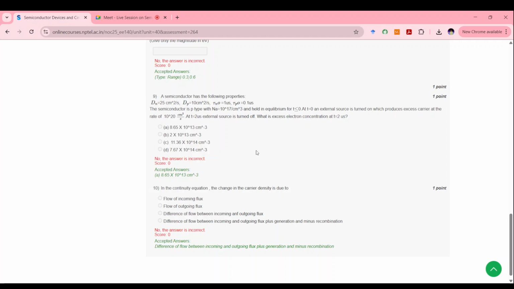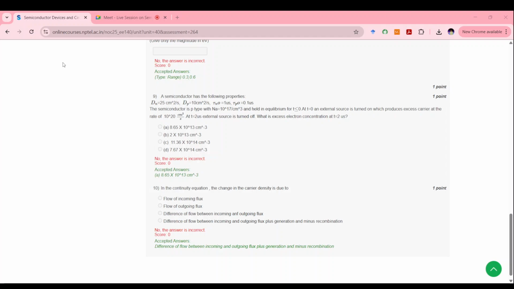At t equals 0, an external source is turned on, which produces excess carriers at the rate of 10 to the power 20 per centimeter cube per second.